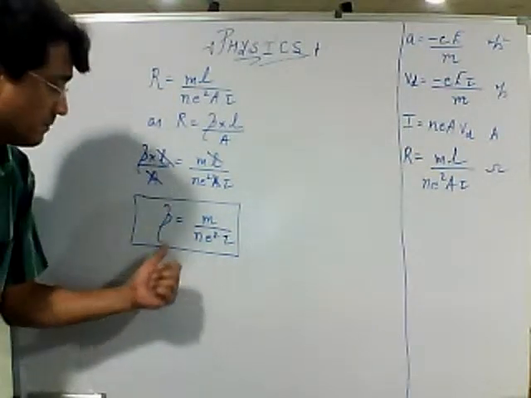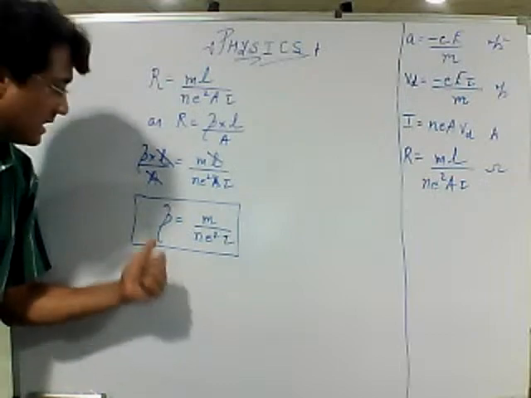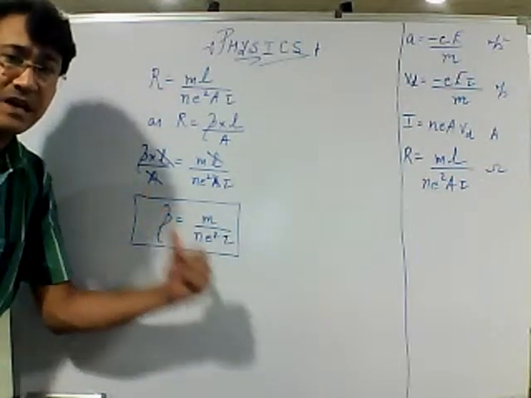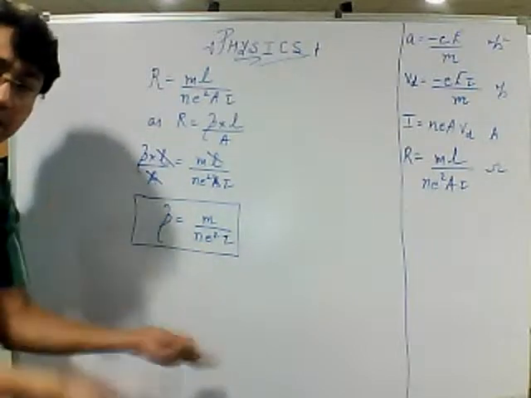So if you see over here, again you can make out that resistivity is independent of length. Resistivity is independent of area. So what is it depending upon?